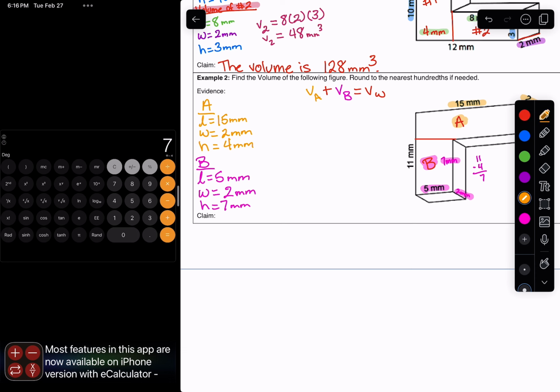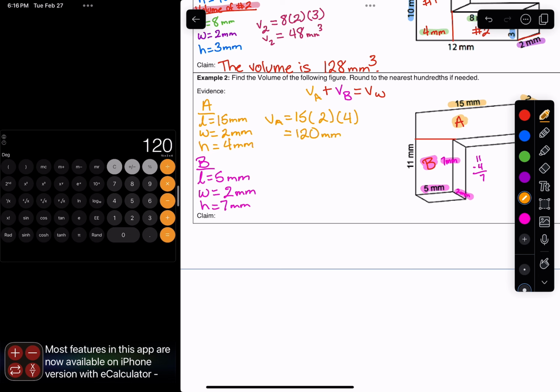Okay? So, volume of A, we have our length, height, and width. Putting those together, we have 15 times 2 times 4. That's going to be, let's do it on the calculator, 15 times 2 times 4 is equal to 120.